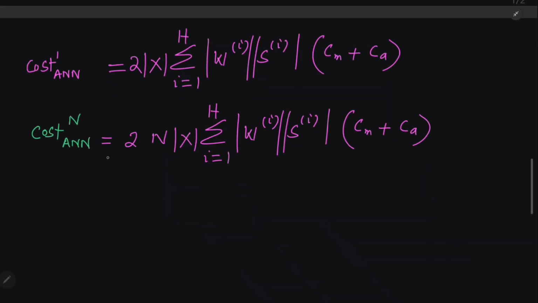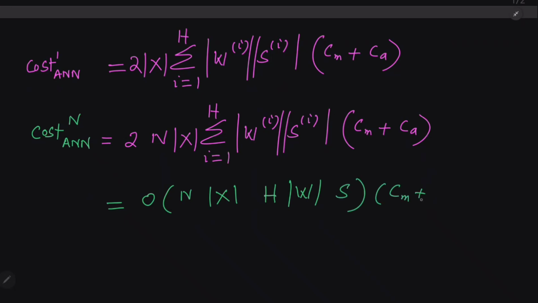So the cost of moving from left to right n times, which is epochs, will be equal to order of n x, the sum of W_i S_i, times C_M plus C_A.